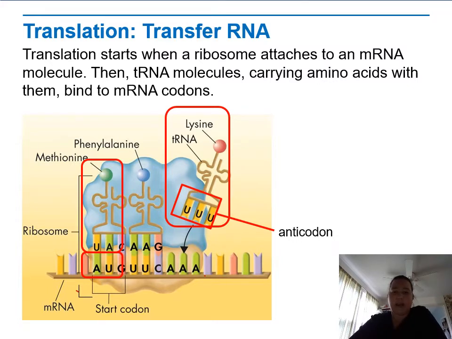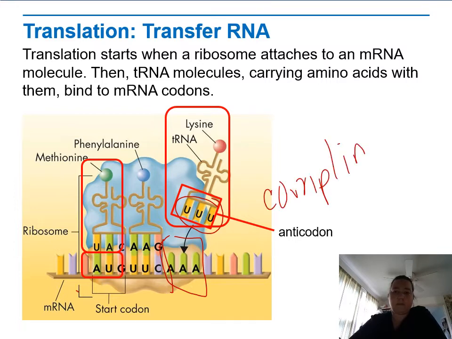Here we've got the codon AAA, and the amino acid that codes for is lysine. The anticodon, which is basically the complement, on the tRNA matches up, drops off its lysine, and moves on.